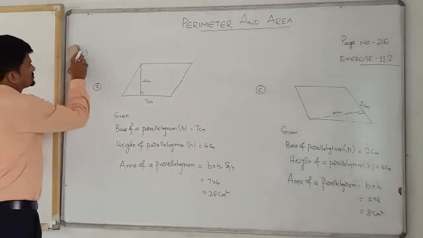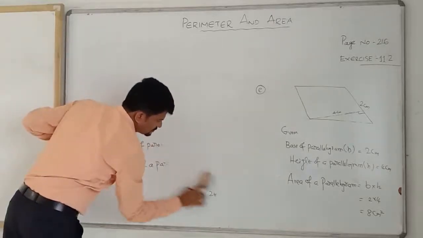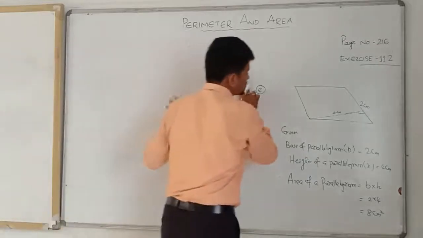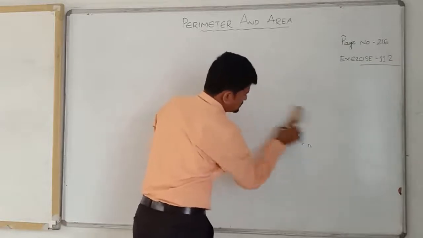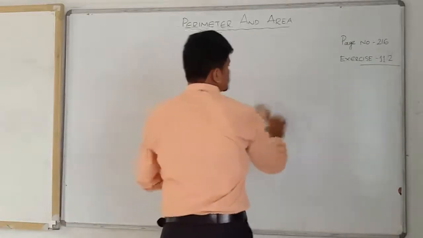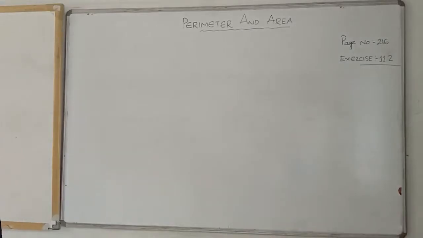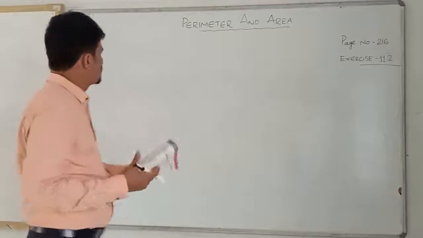Okay. Now second question. Missing term. In each Roman, I'll solve one question. The remaining you have to complete.